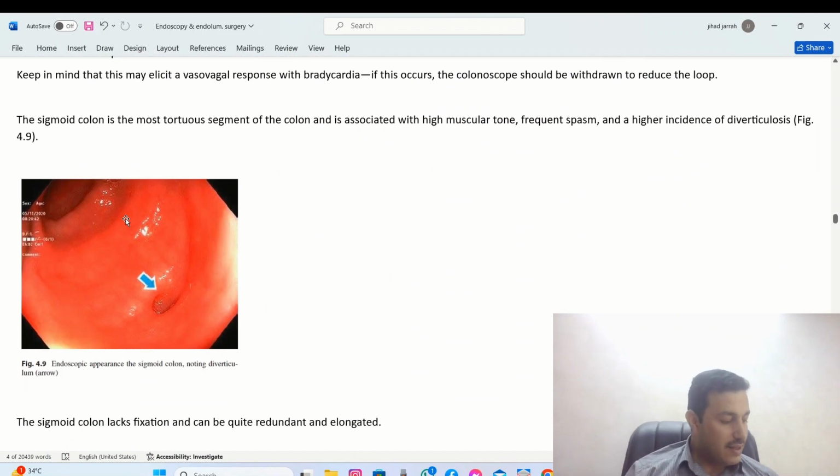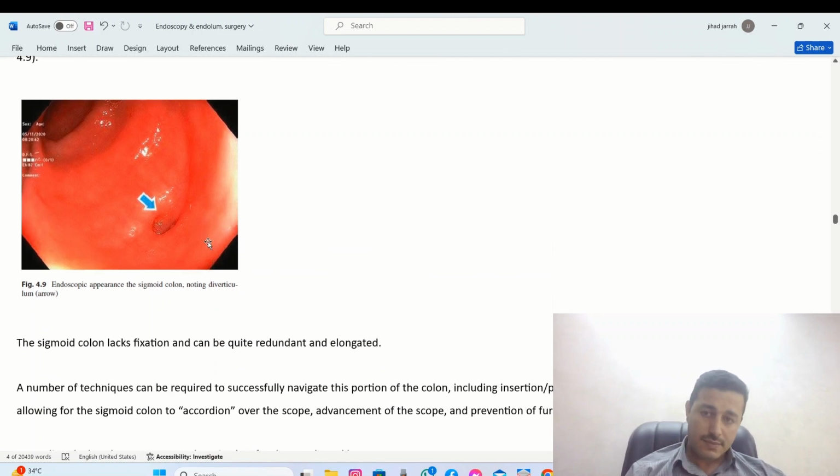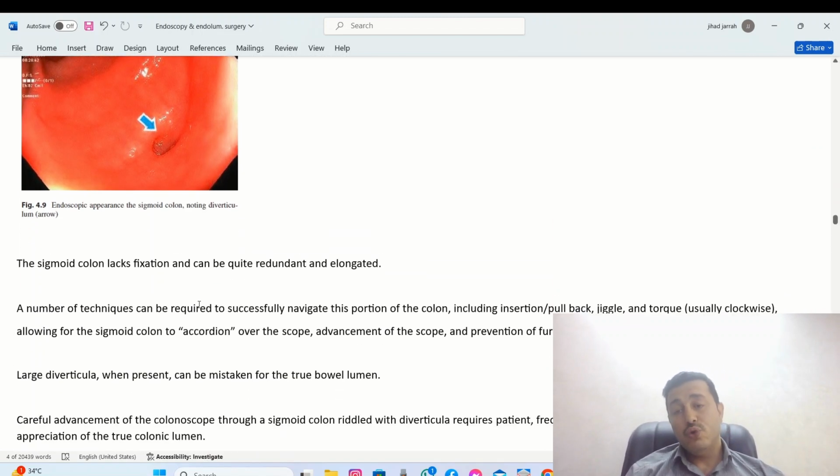Okay, when we reach the descending colon, the first thing we should do, if we suspect any loop, is reduce it. Navigating through the descending colon is easier than the sigmoid.